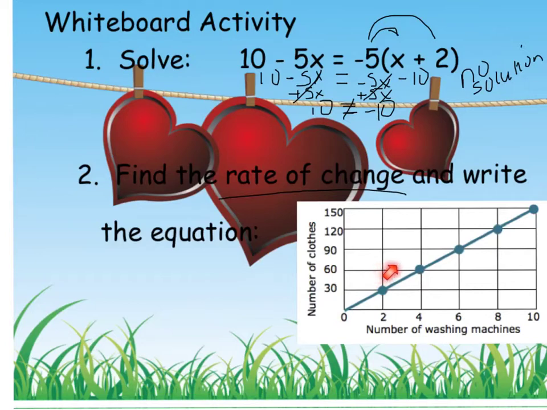How far you go up compared to over. In all cases, like 30 over 2, or 60 over 4, or 90 over 6, when we do that division, we end up getting 15 to 1. So our unit rate for this is 15 clothes for every one washing machine.